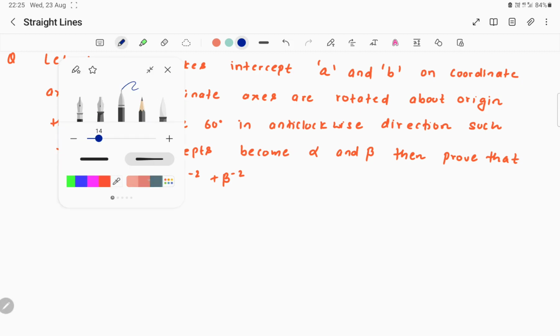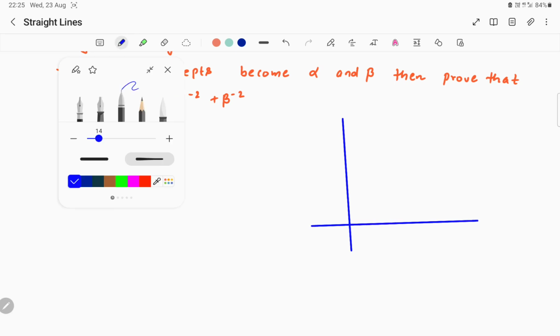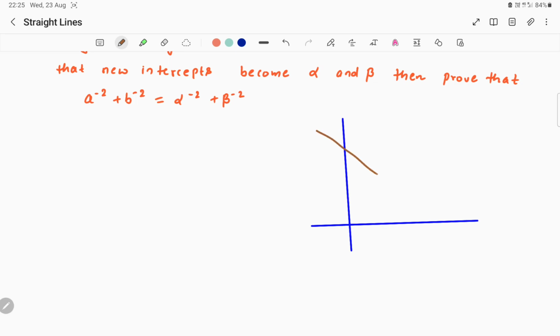Okay. So think like this. Suppose this is the original coordinate axis, and let's say this is the line. So this line is making an intercept of a and an intercept of b. So I will just write this coordinate as (a, 0) and this is (0, b).